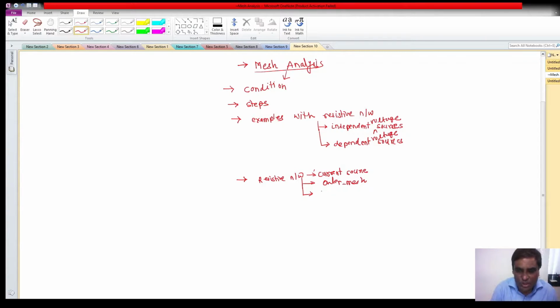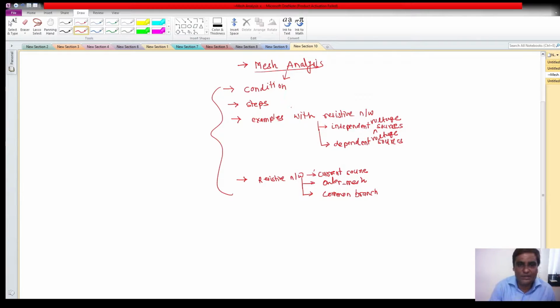And also, how can we write the equation if the current source is present in the common branch between the meshes. So these are the things we will discuss in this particular class.